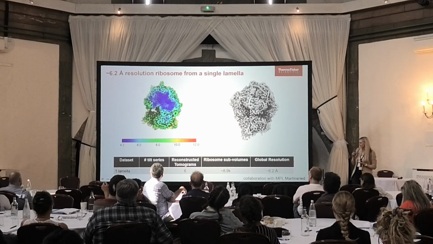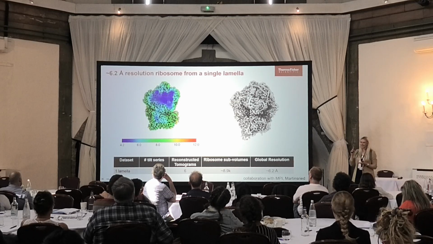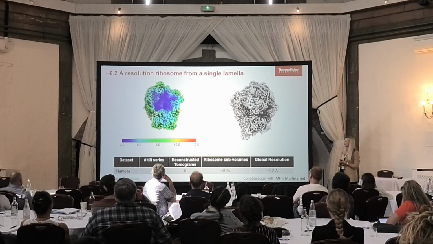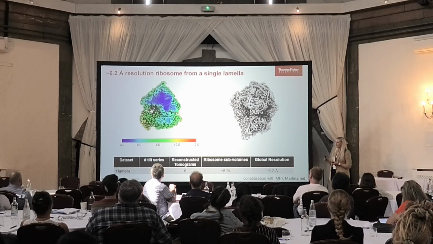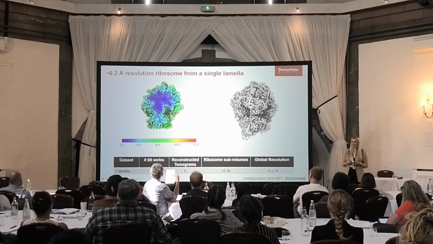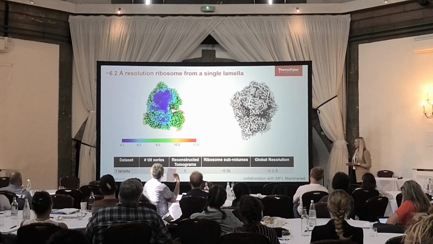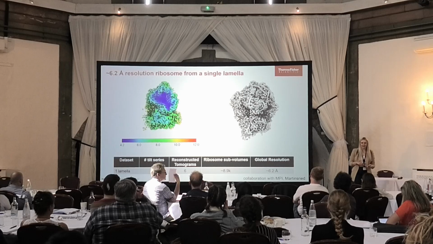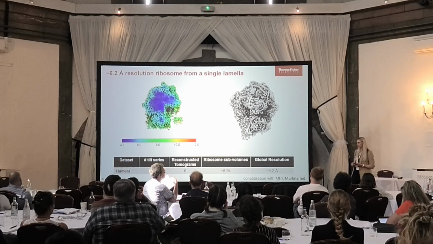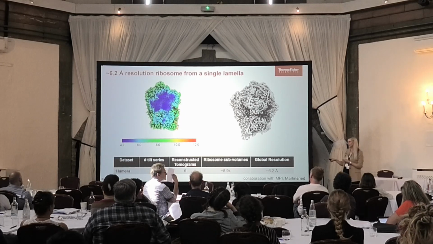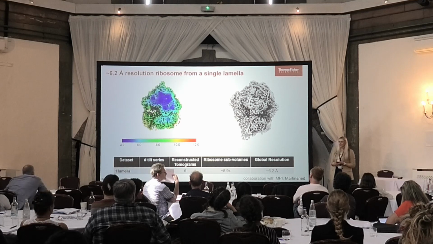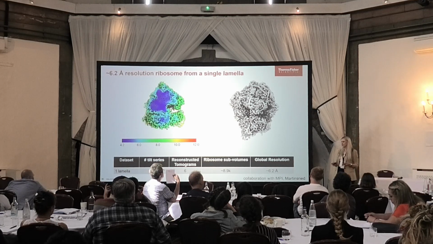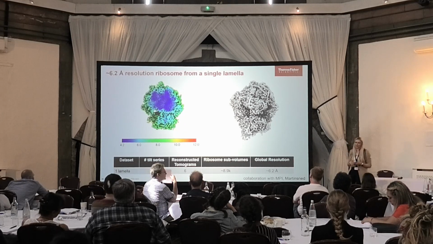So we took one lamella, in total 6 tilt series, and reconstructed 6 tomograms, and from that we calculated this 6.2 angstrom reconstruction of a ribosome. But in the wider context of this work, we actually identified 14 different states of the ribosome from these data sets. And that is actually a few more than some recent work that identified 12 in vitro assembled ribosomes.